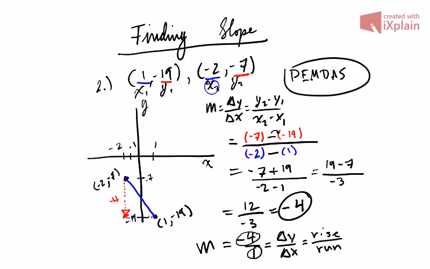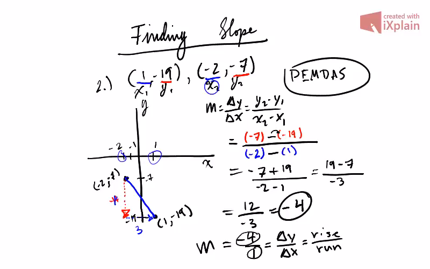In this case, I went over from -2 to 1, which is a total of 3 points. And the difference between -7 and 19 is right here. It's -7 minus 19.